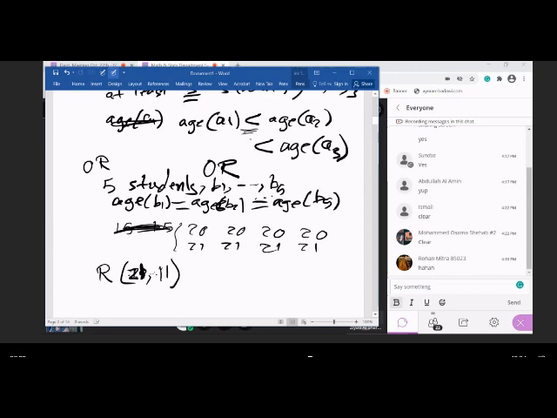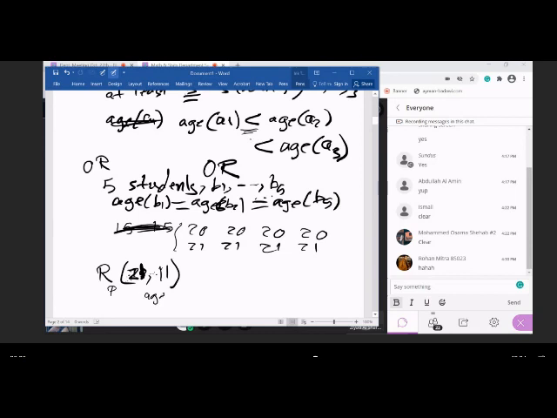So what is the question for this kind of setting? What is the smallest number of students in a classroom such that this statement will be correct?